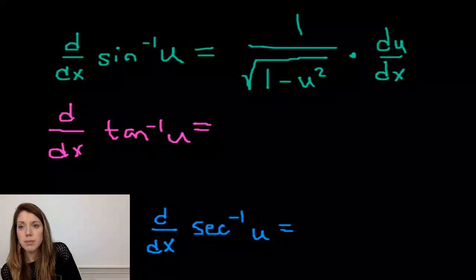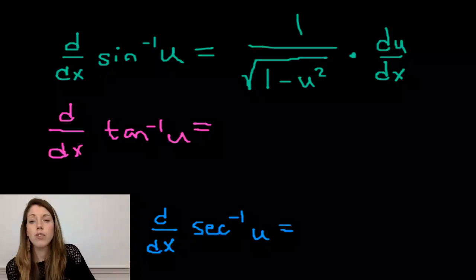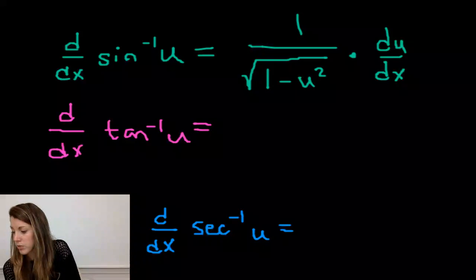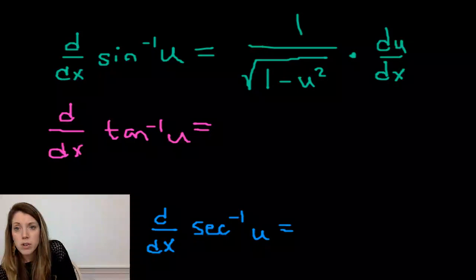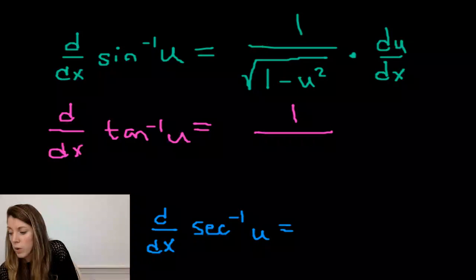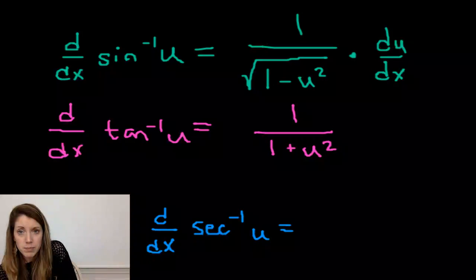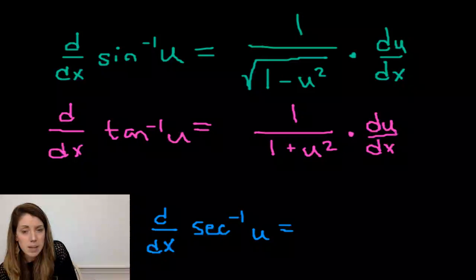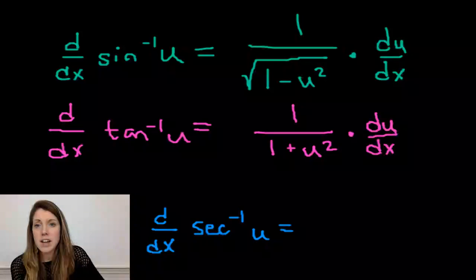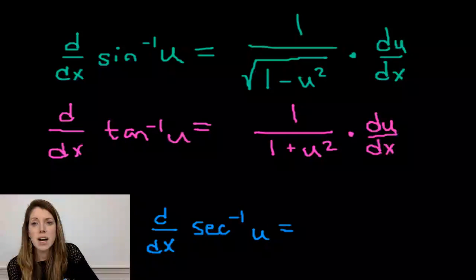Formula number 2 is the derivation for the inverse tangent of u, some function, with respect to x. And that is 1 over 1 plus u squared, times du dx. Same line of reasoning. Outside function is the left portion times the derivative of what's inside.